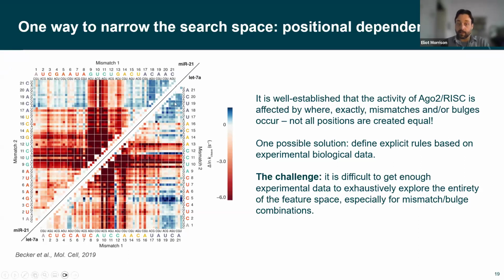On the other hand, regions that are highlighted blue here are much more tolerant of mismatches, and in some cases even enhanced activity is seen with mismatches here. So what one might consider doing is use this kind of information to weight an in silico off-target alignment.